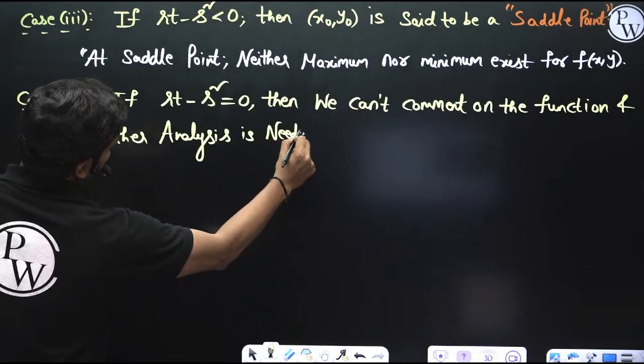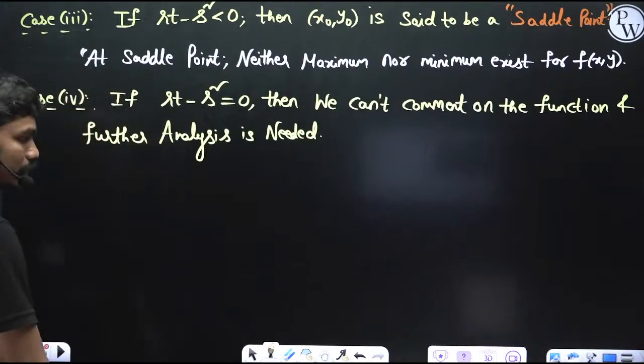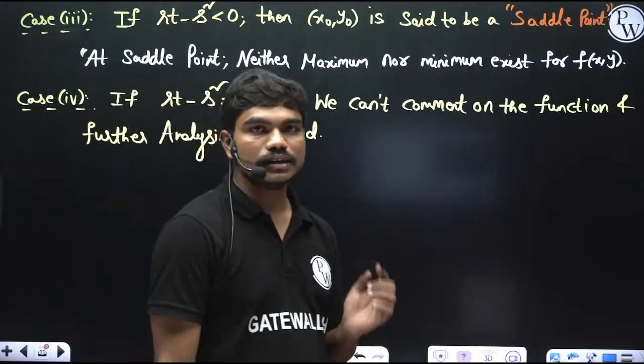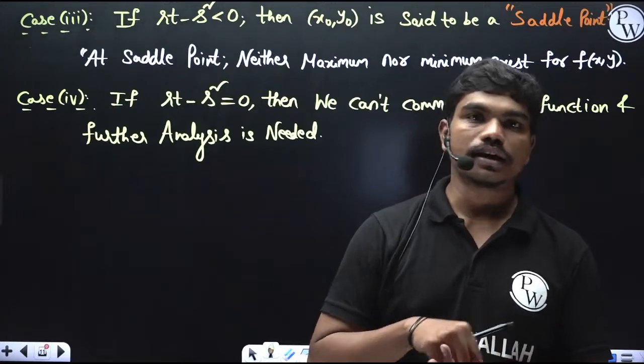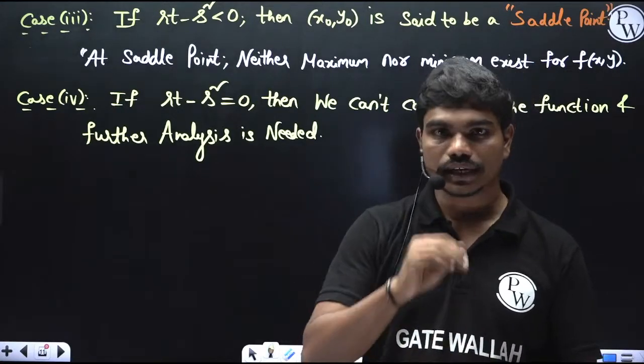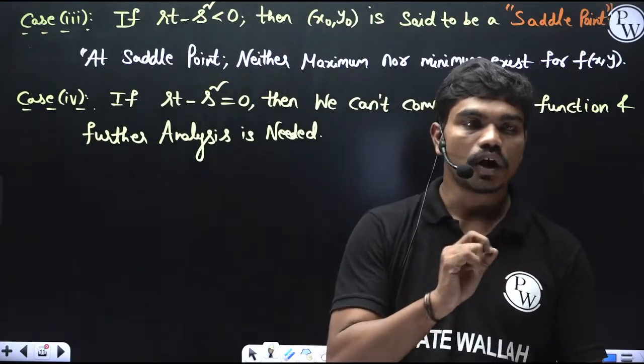Normally this is not within the syllabus limits of the GATE examination, but in general, if rt minus s square is exactly coming out to be 0, then you can't comment. But if it's a saddle, you can tell at that particular point there is neither maximum nor minimum.